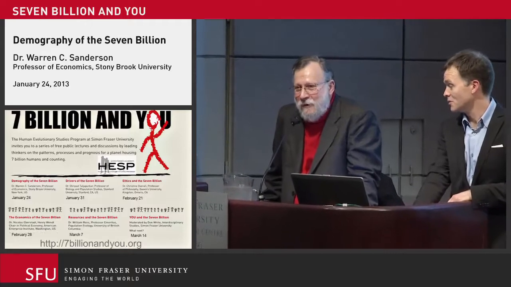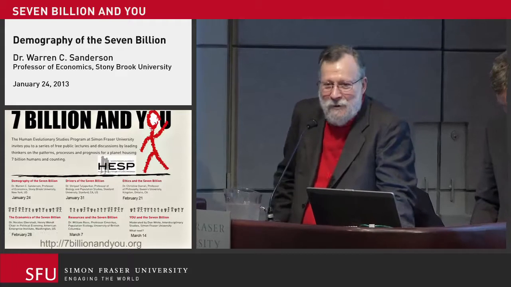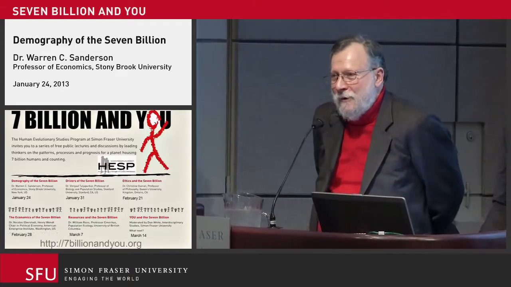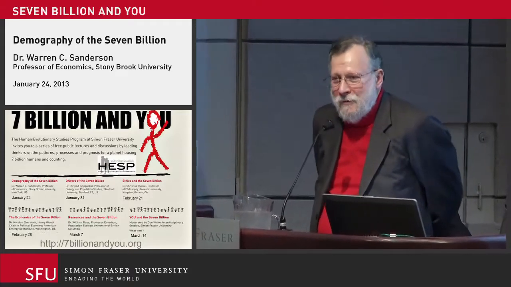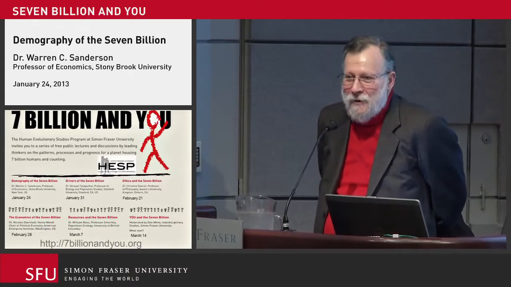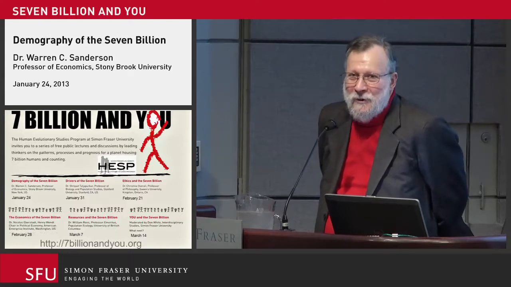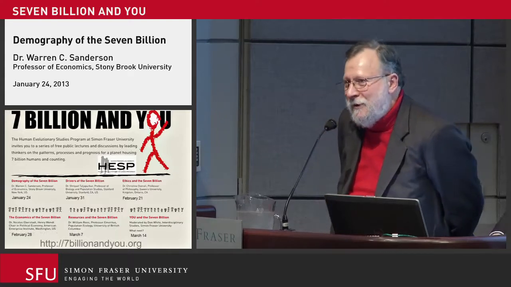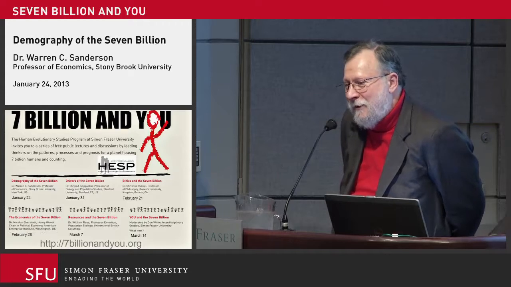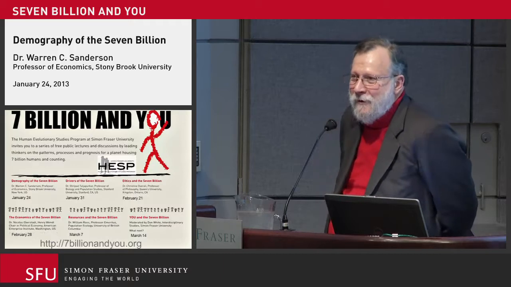You know the famous Ehrlich-Simon bet. That bet was Julian Simon, who wrote the book called The Ultimate Resource, bet anybody that the price of raw materials, the bet was you name any 6 raw materials you want, and let's look at the real price of that 10 years later.